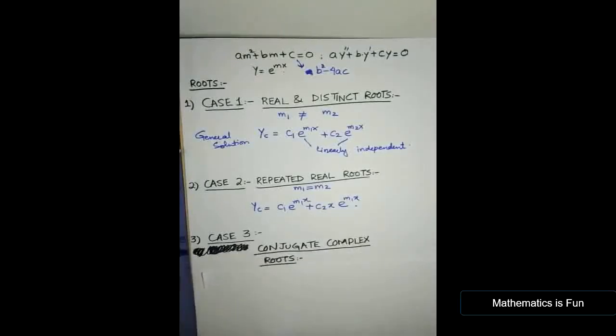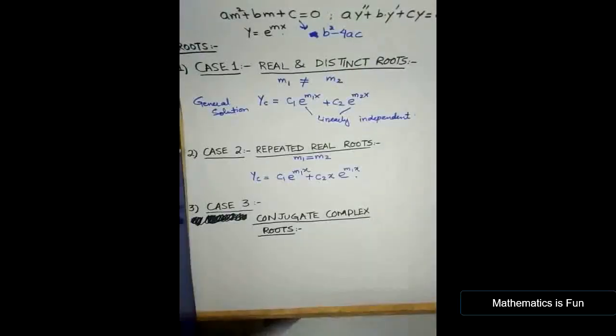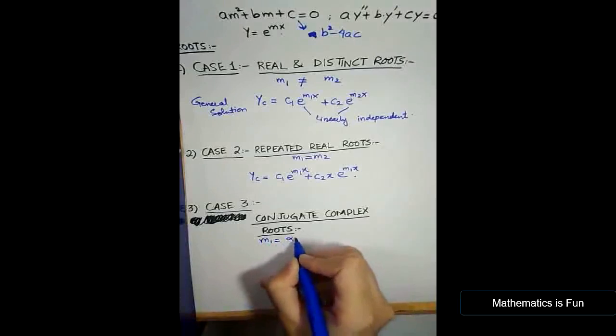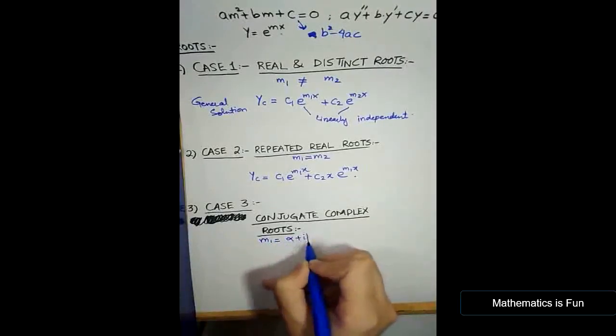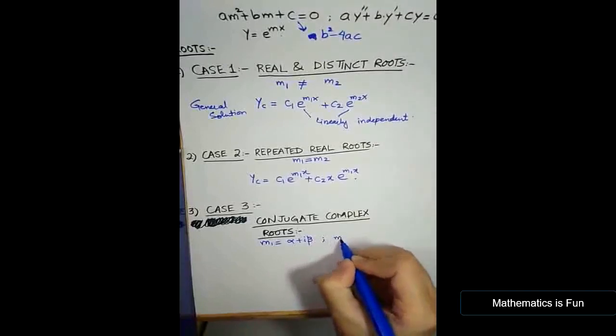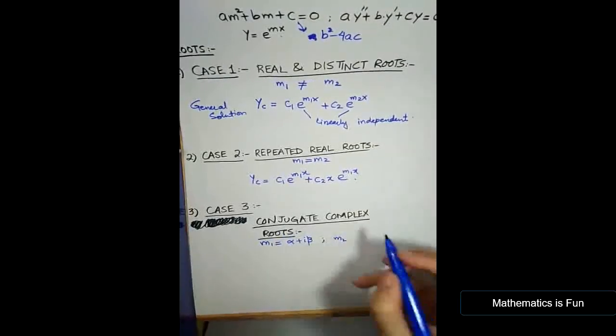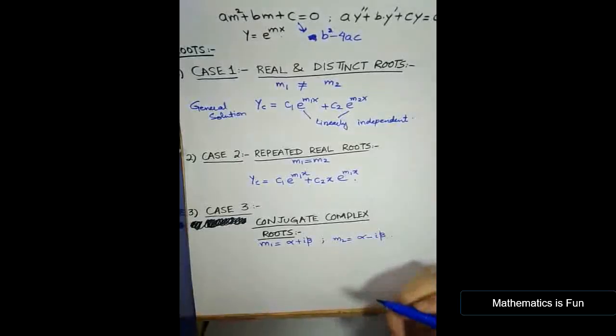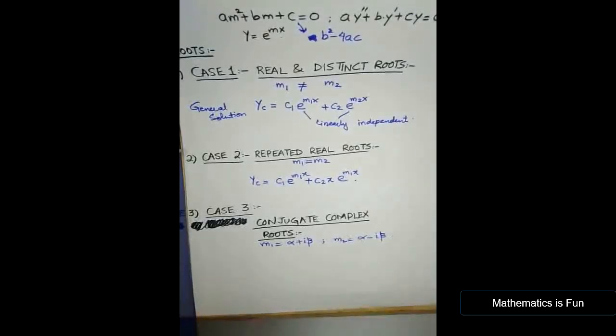If you have complex conjugate roots, that means now it is not real, it is imaginary numbers. m1 is alpha plus iota beta, and m2 is the conjugate, alpha minus iota beta. What will be the solution?